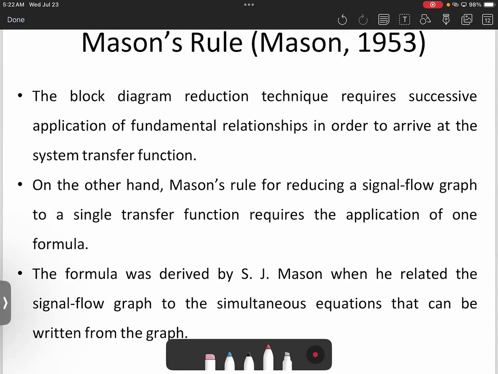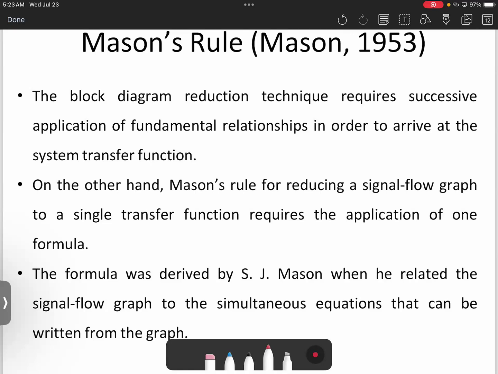The overall idea is to find the transfer function instead of combining series and parallel blocks and moving pickoff points, which takes a lot of time. So let's go to Mason rule. Mason rule is basically a block diagram reduction technique that applies fundamental relationships in order to arrive at the system transfer function, the closed loop transfer function.